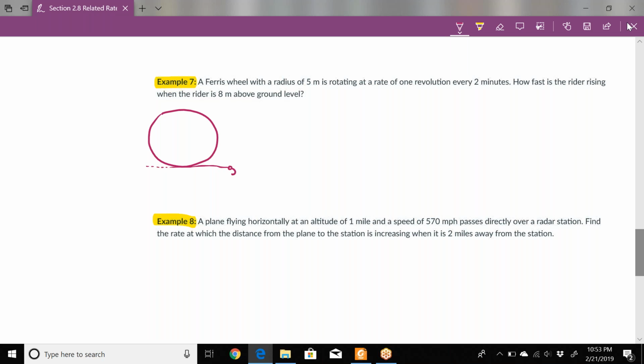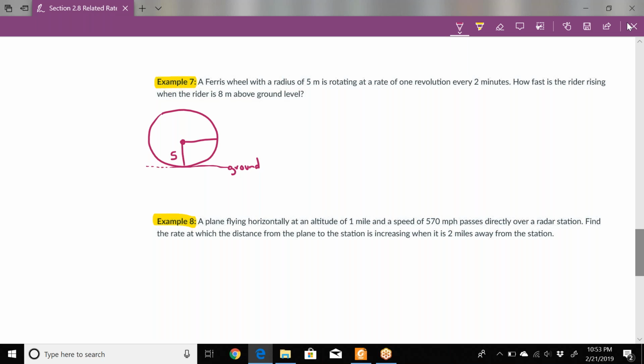So this is the ground. I'm not drawing in all the architecture here, but we know that this has a radius of 5. So from the center down to the actual ground would be 5. And if the person was 8 meters above the ground, that means you have to add an extra 3 meters here.